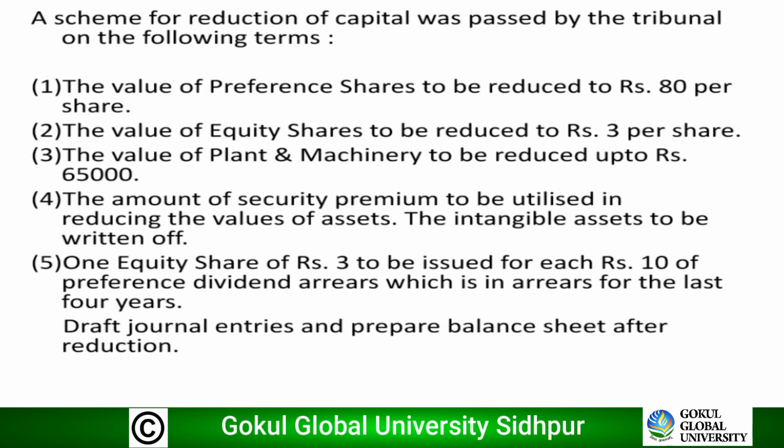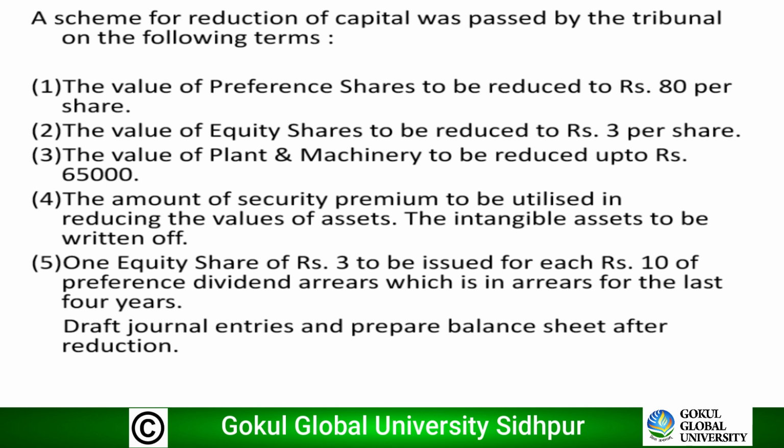Fourth, the amount of security premium to be utilized in reducing the value of assets. Security premium means reserve. So if information is given to utilize the reserves, we must utilize or credit all the reserves at the credit side of the capital reduction account.